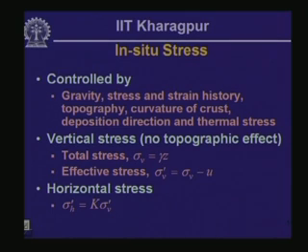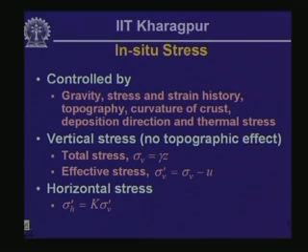Now, in situ state of stress consists primarily of the vertical total stress, and we have looked at that also. That is going to be given by gamma times z. Gamma is the total unit weight of the soil or rock which is above the element that is being considered, and z is the depth of an element below the surface.